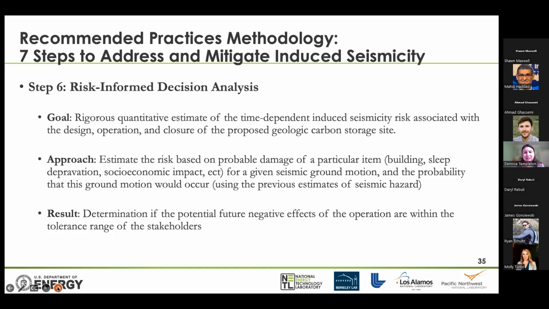Again, these items of importance are going to be based on communications between the developer and the other stakeholders. So the result is going to be a determination of the potential future negative effects of the operation and whether they're in line with the tolerance ranges of the stakeholders.